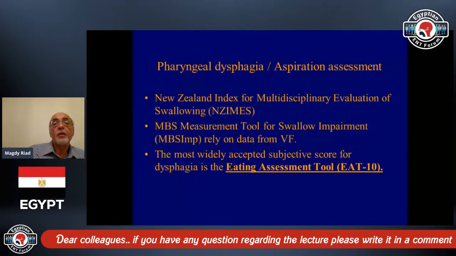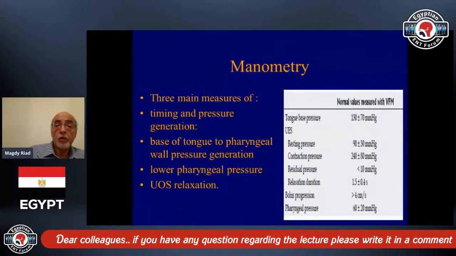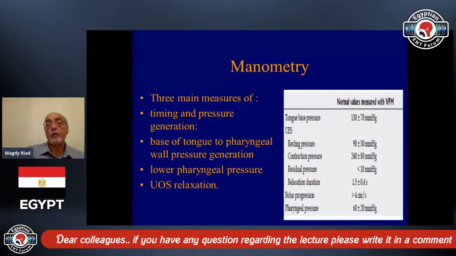Manometry comes into this. There will be few cases in which you actually need to measure the pressure of the cricopharyngeus sphincter and the pressure of the pharyngeal muscles before selecting treatment. And if you remember the slide I showed earlier, the pressure of the bolus at the very beginning of the pharyngeal phase is mostly generated by the tongue base thrusts, and it would reach about 130.